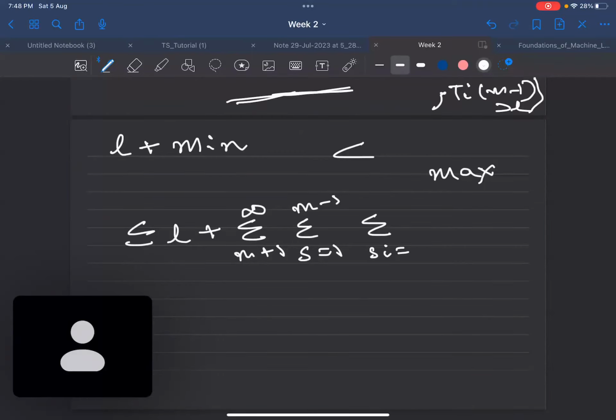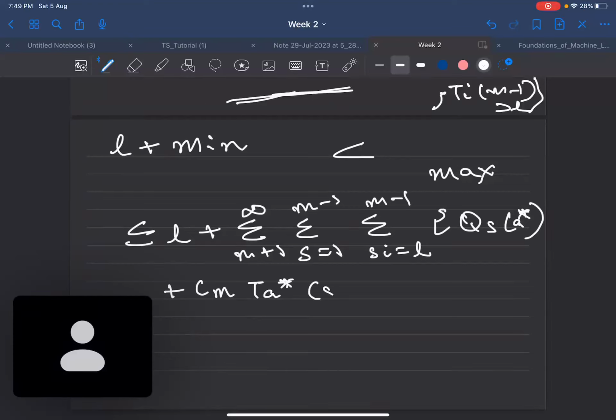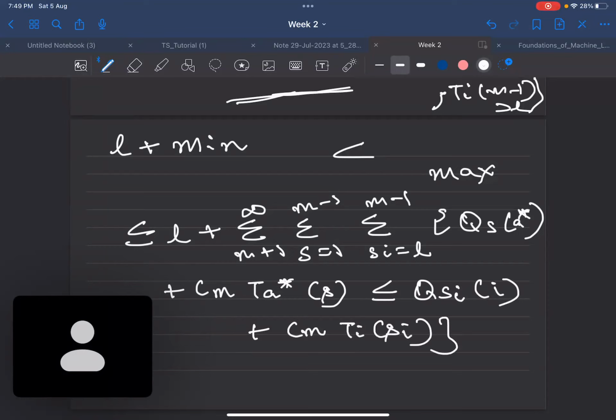can someone explain what I'm writing? Wait a second, let me write. Can someone explain to me?